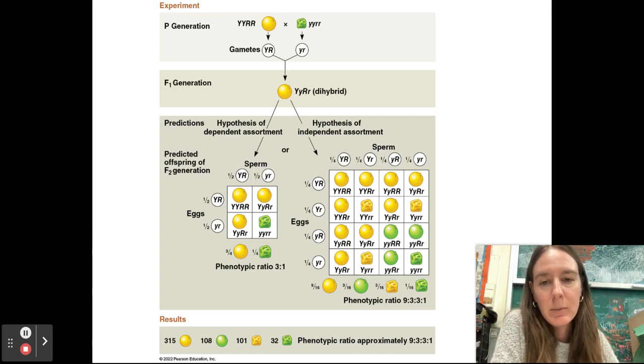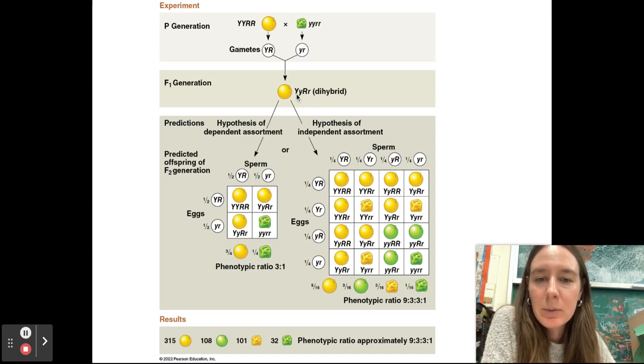Here's prediction number 1. When this cell is going through meiosis, imagine this is making sperm. In one of these sperm cells, remember, it can only place one of these 2 alleles into the sperm. So let's say it just places the Y. The hypothesis of dependent assortment is this.